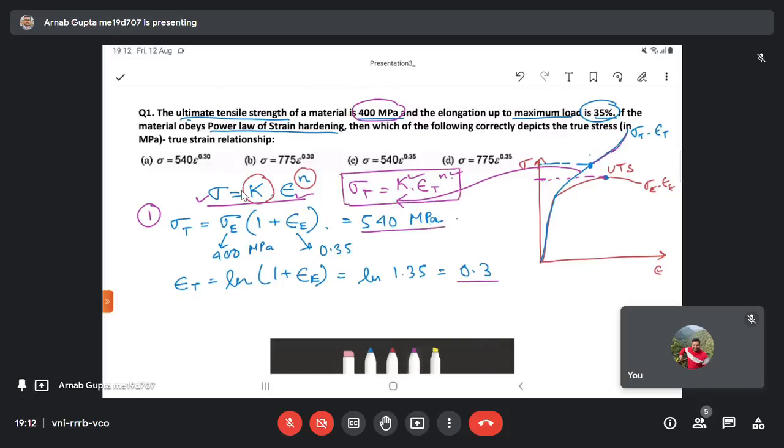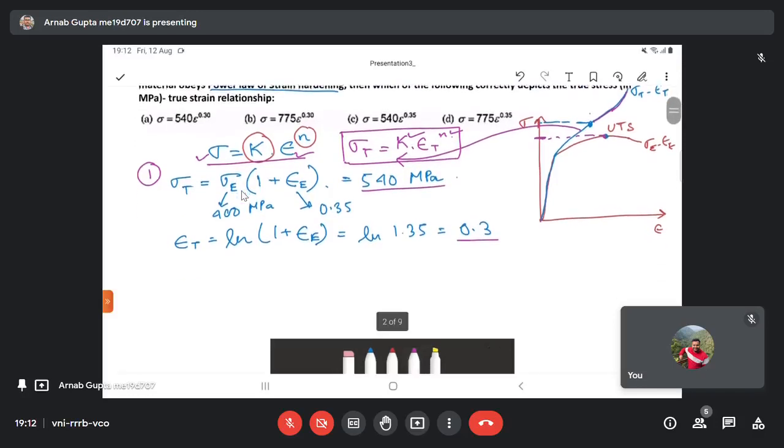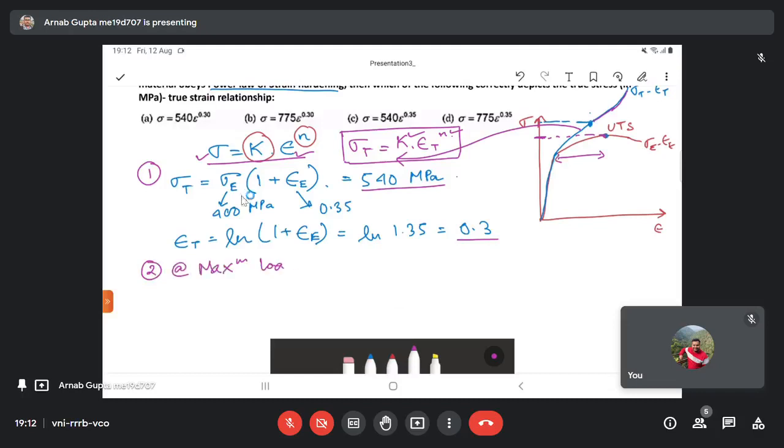But if you have gone through the basics of plastic deformation, in this regime you would have come across this information: at maximum load, in this case the UTS, we can conveniently derive that the strain hardening exponent n is equal to the true strain at that point.